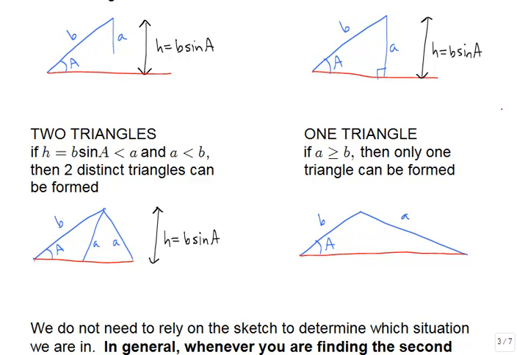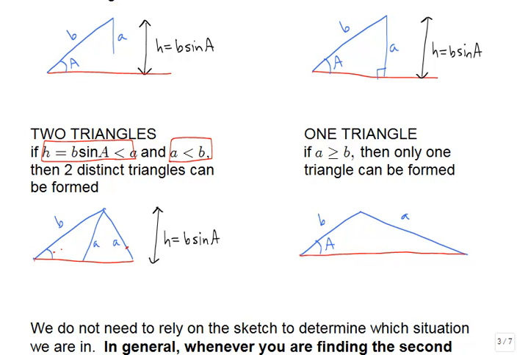If this side a is smaller than side b, that's what I meant to say, smaller than side b, but greater than this perpendicular height h, then this is our 2 triangle situation. You could either angle that side a a little bit down to the left or a little bit to the right, and it would still touch down, and you would get 2 different triangles being formed.